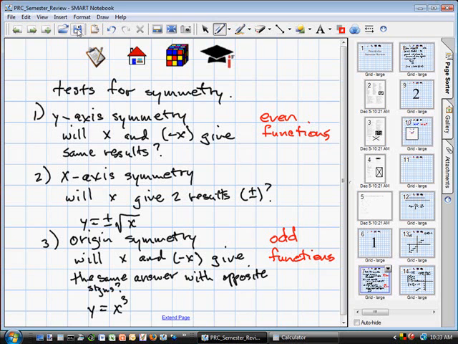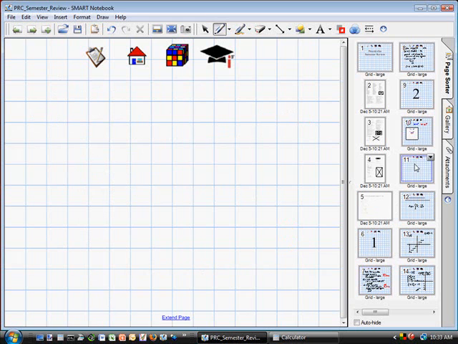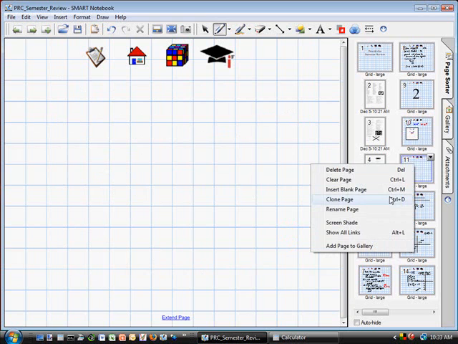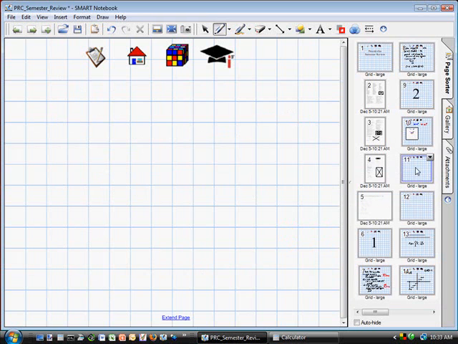Completing the square. Wow, good question. Okay, that goes somewhere way in the beginning. I'm running out of pages, so I'm going to clone this. Okay, and then we'll stick this back over here.